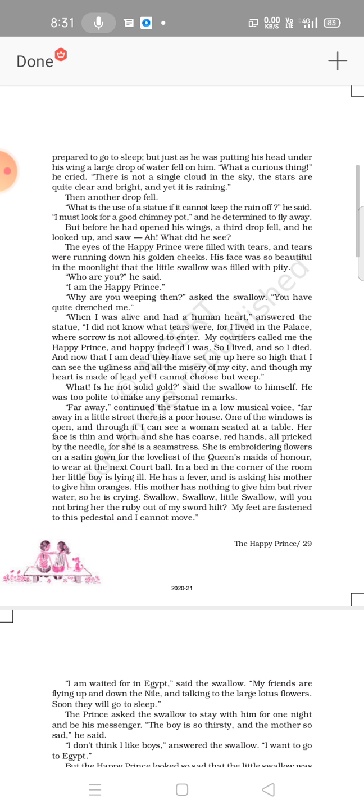They looked at the statue. They declared that the happy prince was no longer beautiful, so he was no longer useful. Then they melted the statue in a furnace, but the broken heart did not melt, it was thrown away.